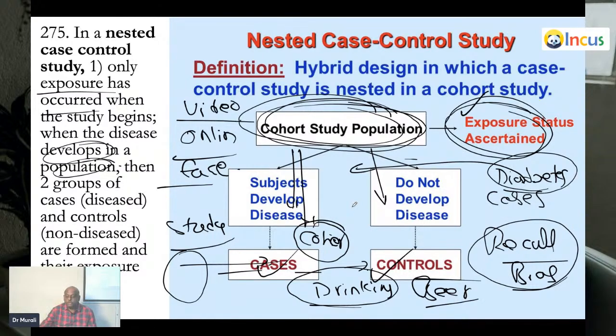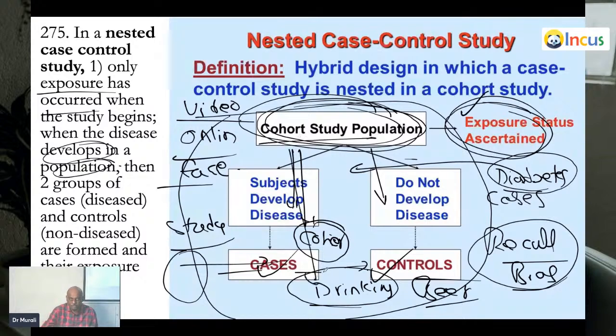Tomorrow the examiner is going to give you this kind of image-based questions and ask you to identify whether you call this a case control or a cohort or a nested case control, everything. So if you take one cohort which you prospectively follow, whose exposure already happened, then it is not like a regular cohort.